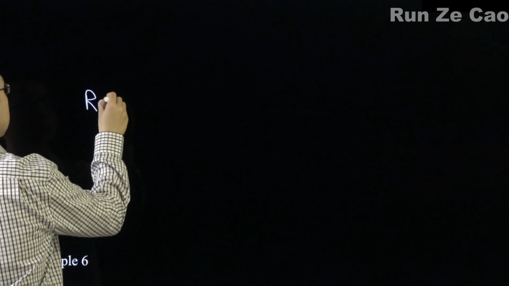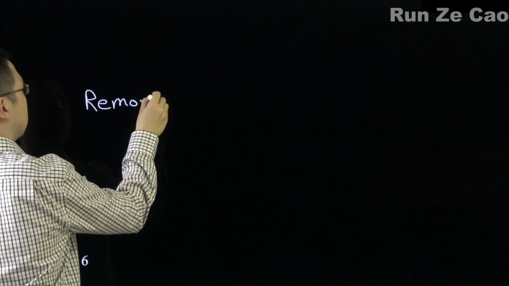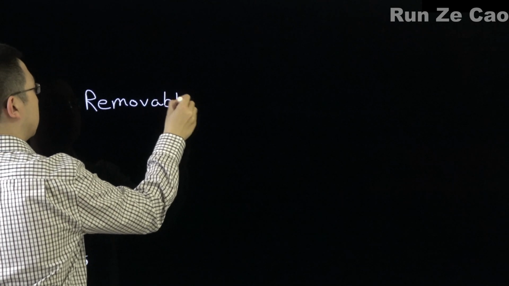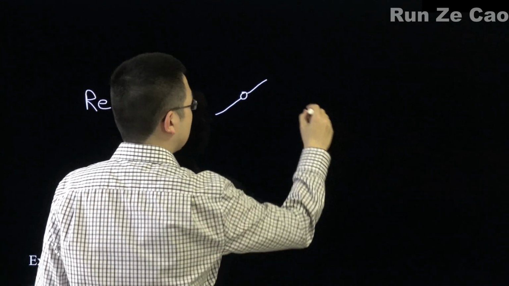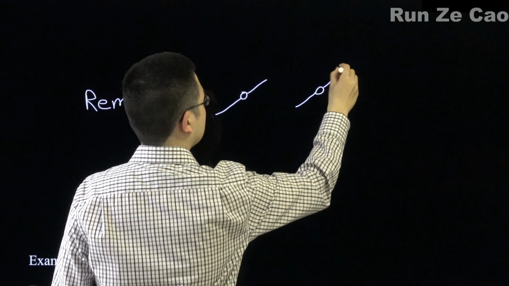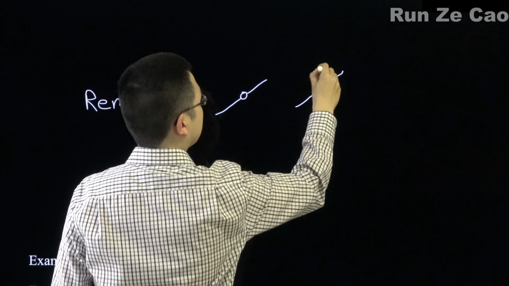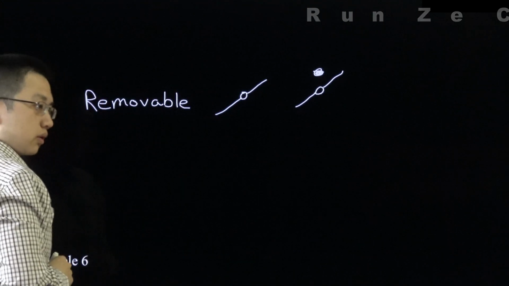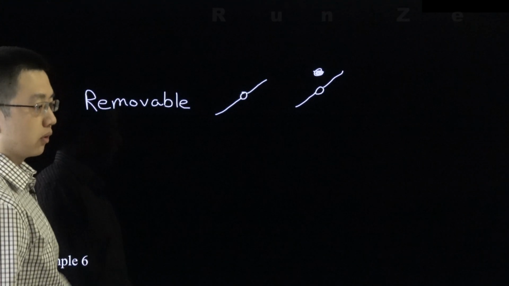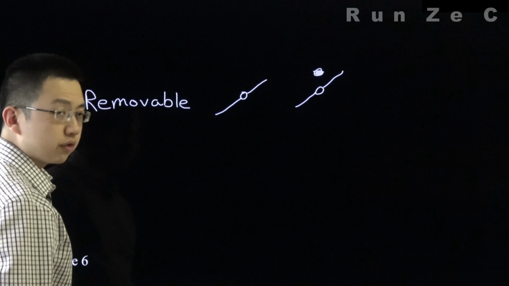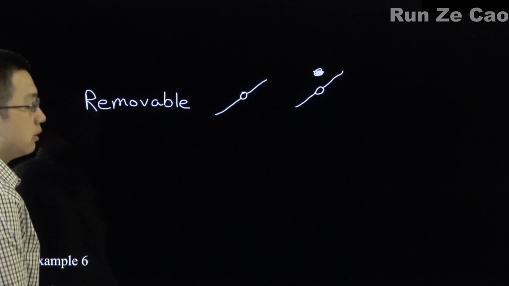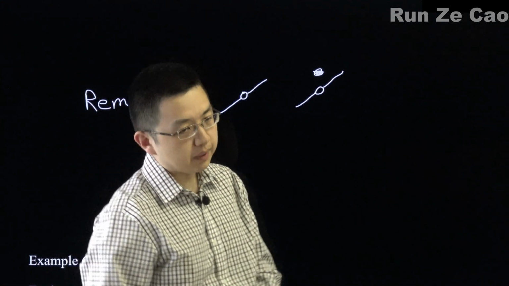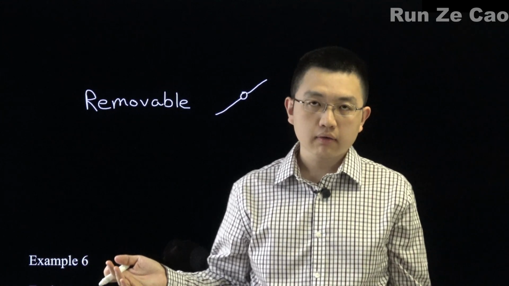Well, we could have had removable, like this, or like this. So just a point, or a point that's been moved somewhere else. Or we could have, well, obviously we can have a big gap. Okay, that works.